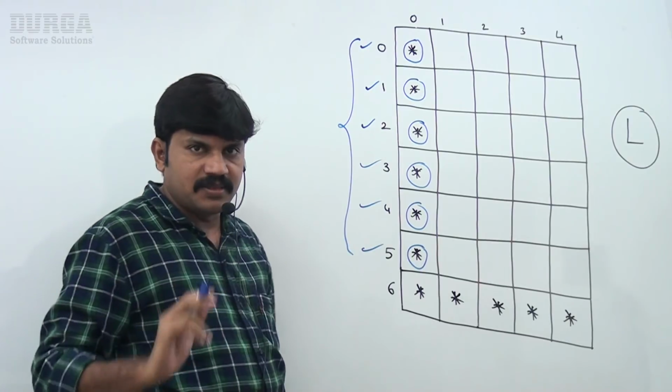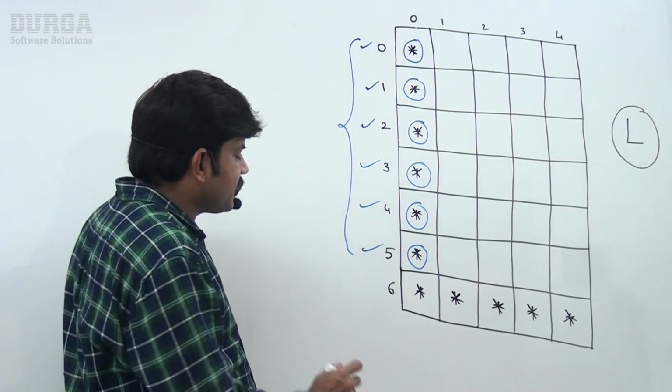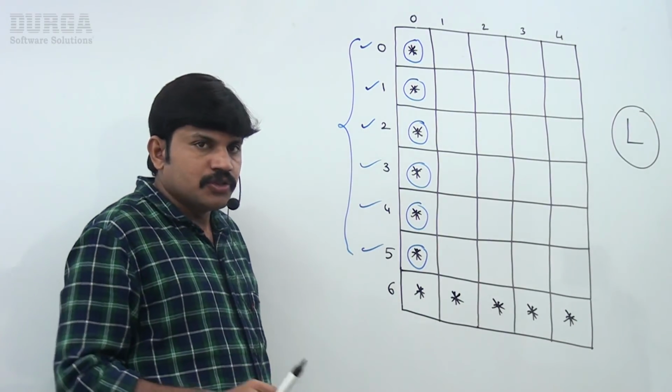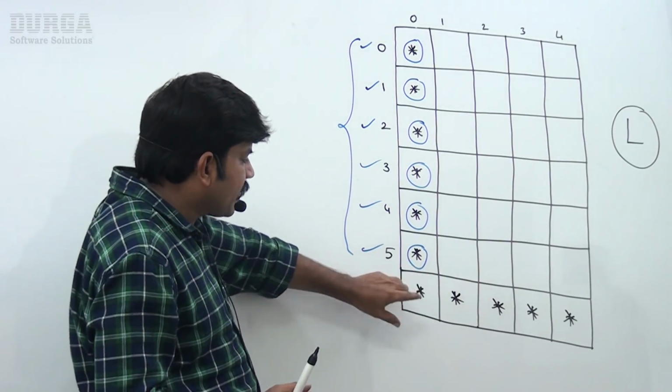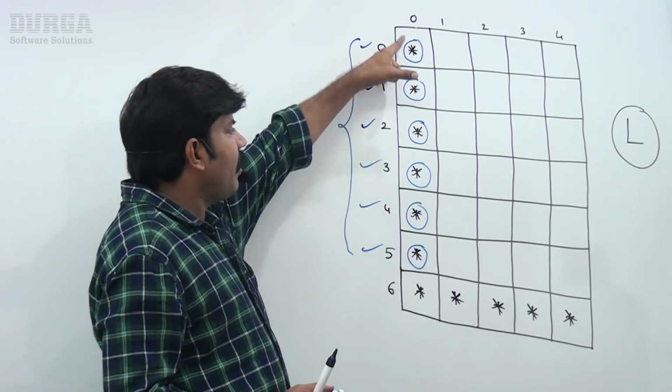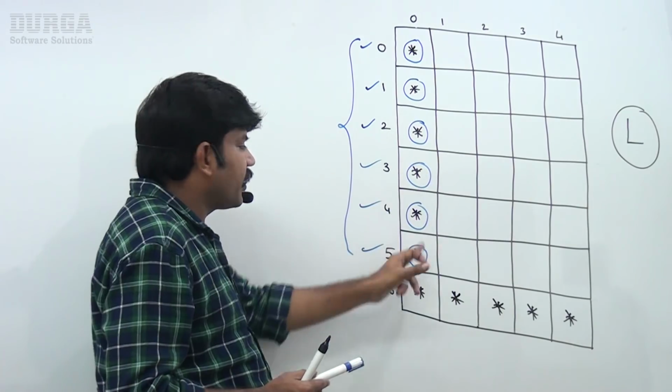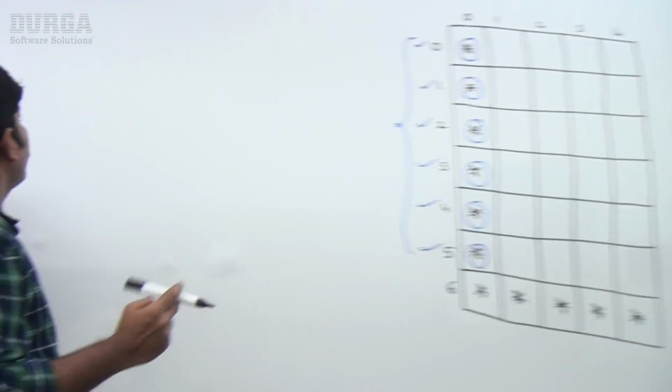The sixth row is different. So except for the sixth row, for all the remaining rows I have to take a star symbol only in the 0th column, right?